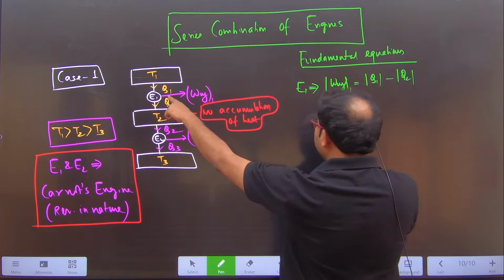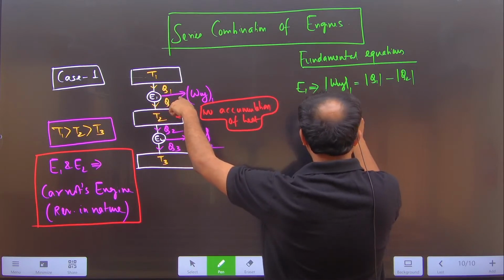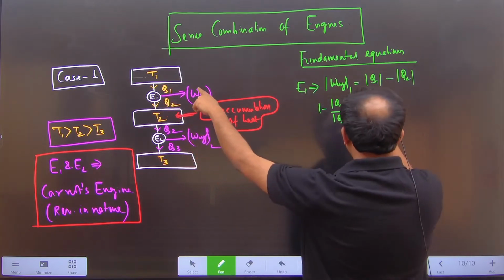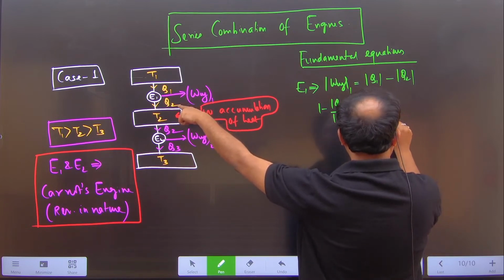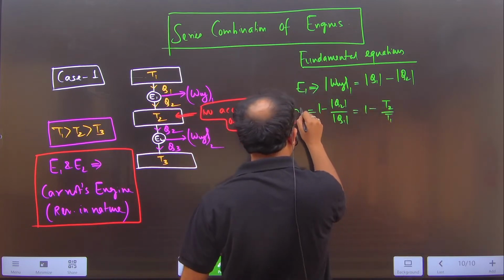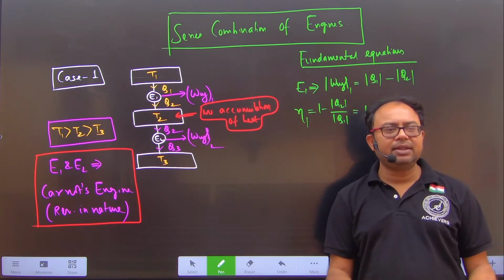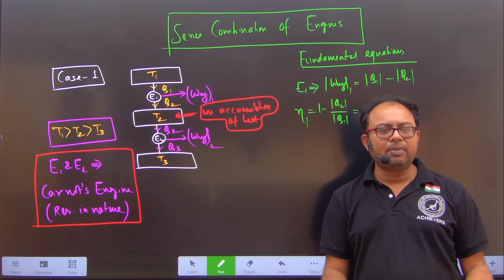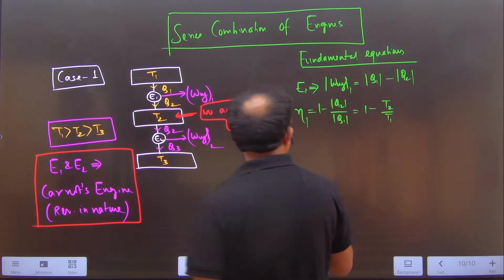And for E1 you have got 1 minus mod Q2 by mod Q1 equal to 1 minus T2 by T1. This is the expression of eta 1. It's a reversible engine, so 1 minus mod QC by mod QH is 1 minus TC by TH. That's what I have written over here.